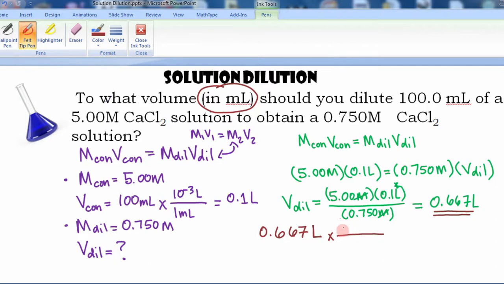So we have 1 milliliter. Our conversion factor is 10 to the minus 3 liters. Liters and liters cancel. So when we do that multiplication or division, either one you want to call it, we get 667 milliliters. And that is the volume of the dilute in milliliters.